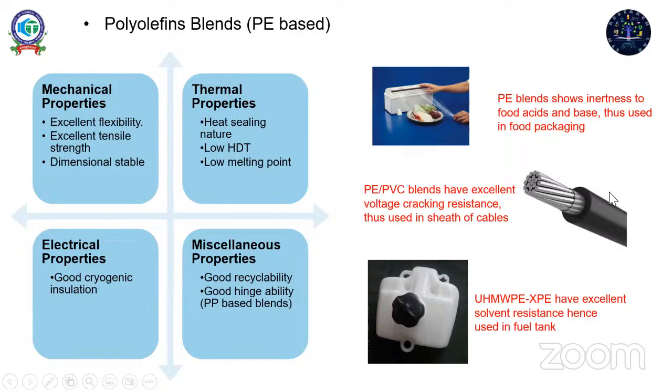This black cover of cables, which we call the sheath, is also made with PE PVC blends. Whereas to achieve excellent solvent resistance, polyethylene is generally cross-linked and blended with ultra high molecular weight polyethylene. By blending, you get a material with higher solvent resistance which can be used in fuel tank applications.